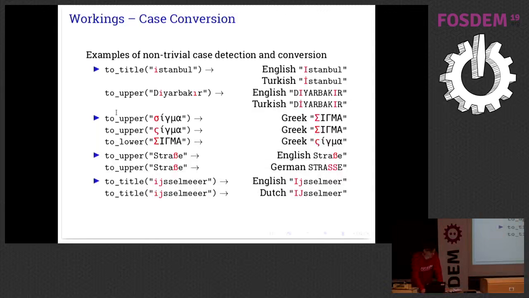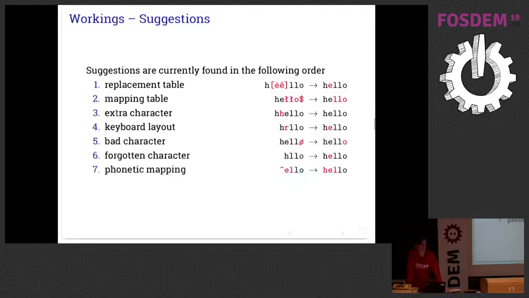So to explain a bit more on the suggestions part, which is a bit easier than the spell checking part, it used to be a black box for most people. So here is the secret of how we do it. We start with a replacement table with a lot of known typos, for example, in diacritics. Then we use a mapping table for groups of characters which might be used incorrectly.